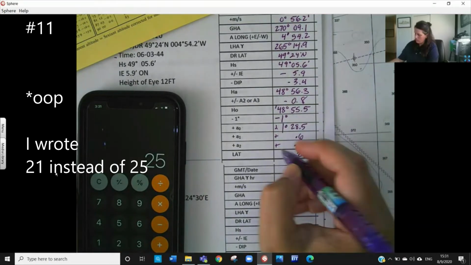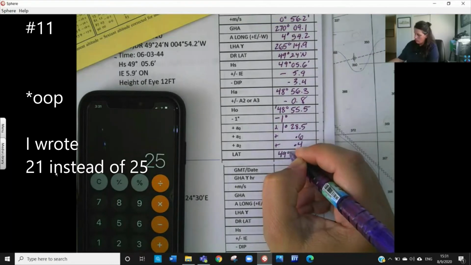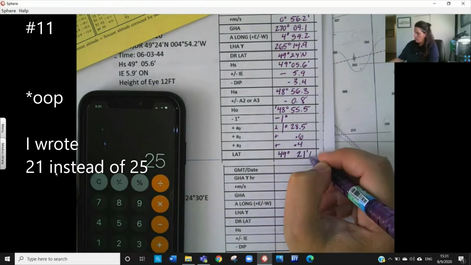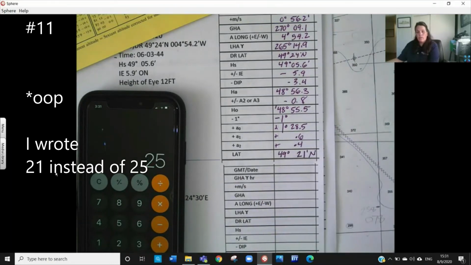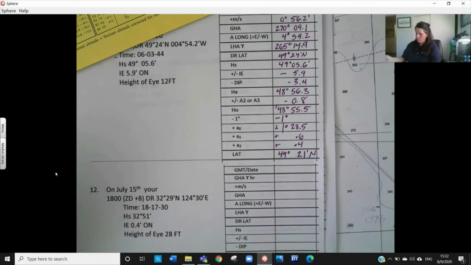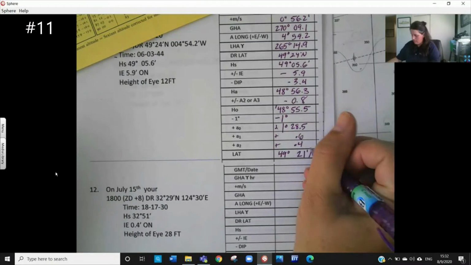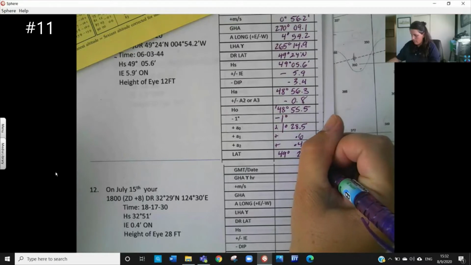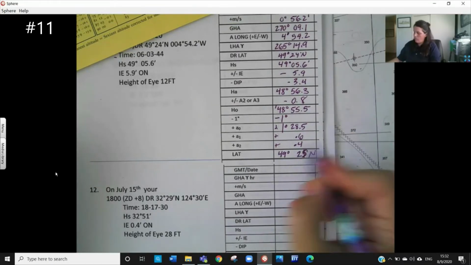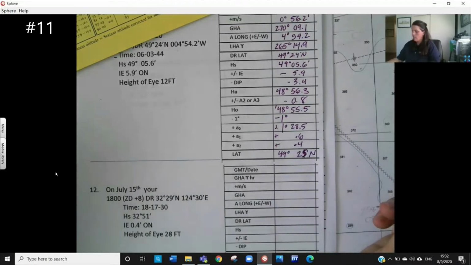So we are left with 49 degrees, 21 minutes north as our correction. This is 25. So we are left with 49 degrees, 25 minutes north for our latitude by Polaris.